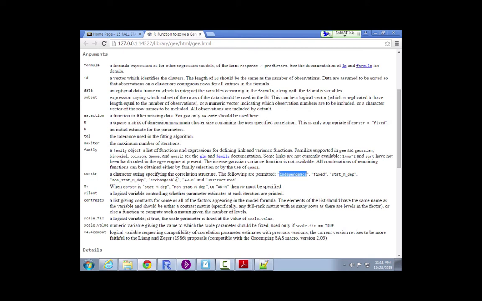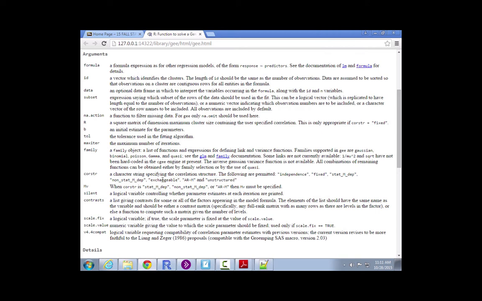There is exchangeable, so we've defined exchangeable. That's every pair of observations on the same individual is allowed to have its own correlation. When gee says AR-M, it's the same thing that we called AR1, that autoregressive. No, I'm sorry, I'm wrong. Unstructured is what we called unstructured.